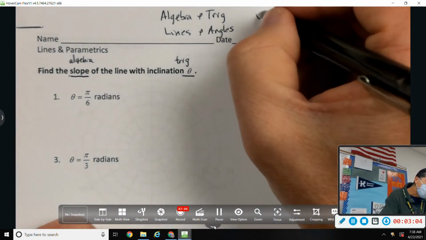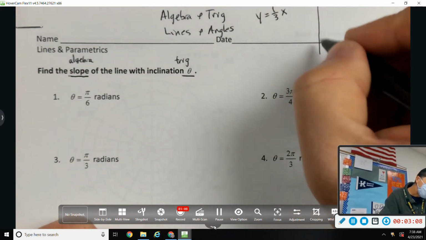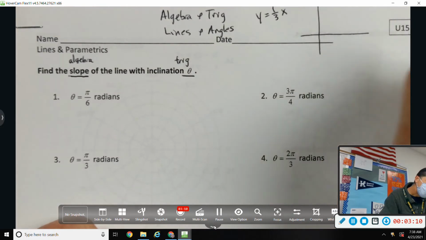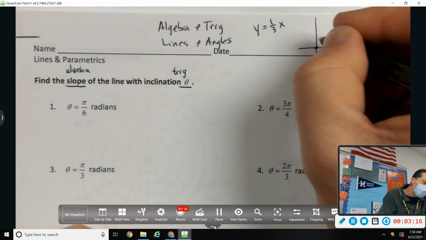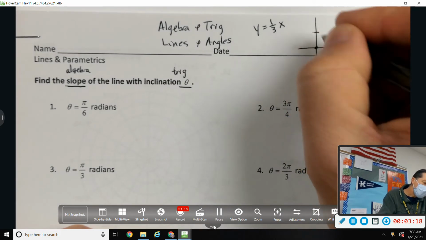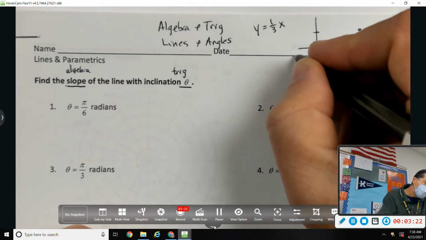Let's start with the line y equals 1/3 x. So intercept of 0, slope of up 1 over 3, slope of 1/3.